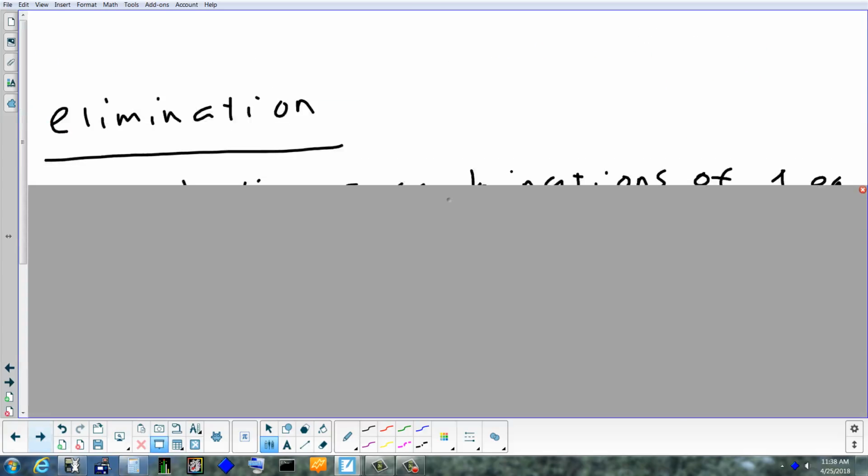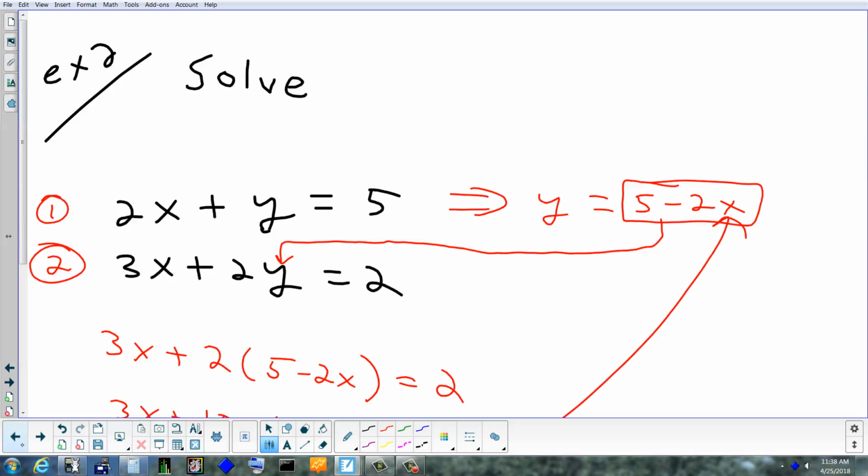All right, so the next method, elimination. Okay, elimination is a little different. So the goal with elimination is to first line everything up in columns, your x's, your y's, and your numbers. And then you look at the numbers in front of the x's, and you look at the numbers in front of the y's.